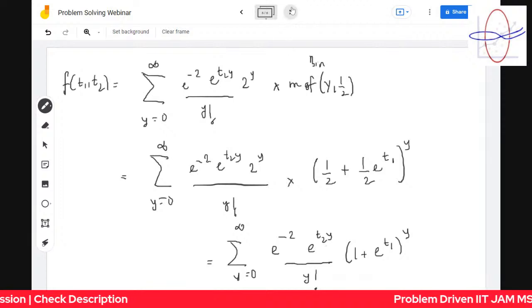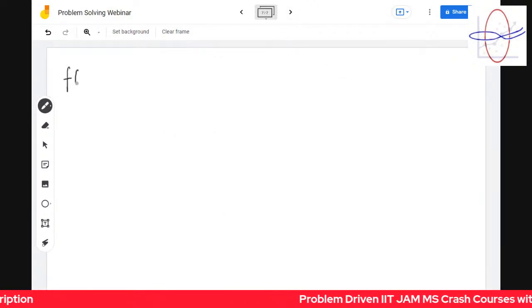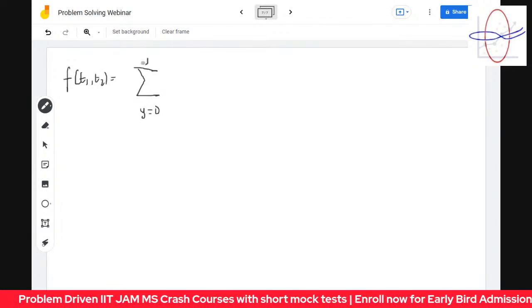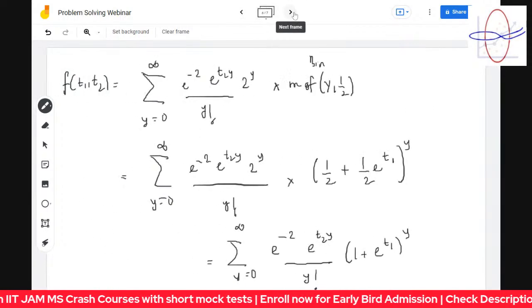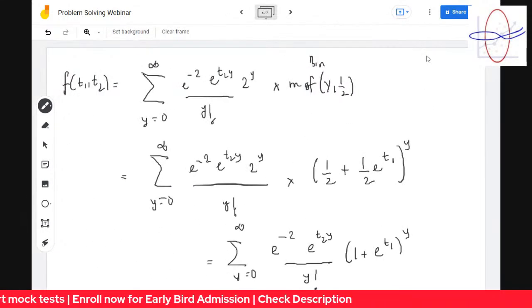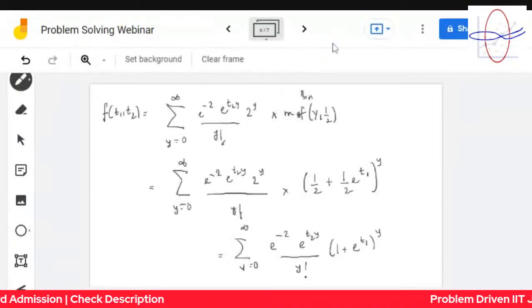So we have f of t1, t2 as summation of y from 0 to infinity e to the power minus 2, e to the power t2y.